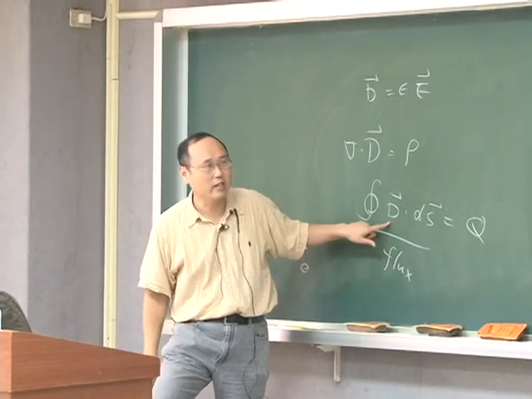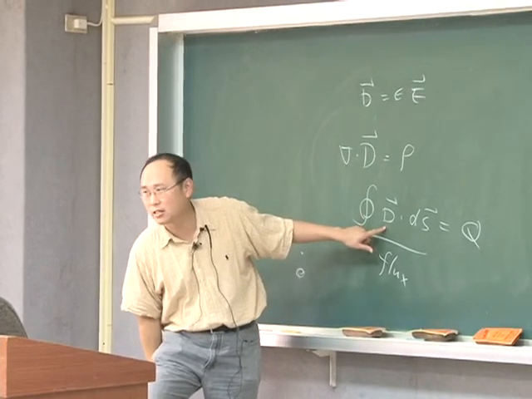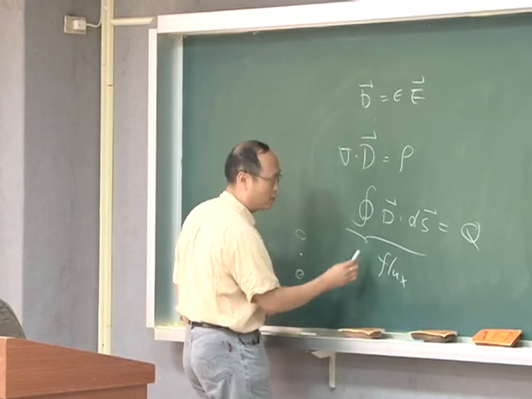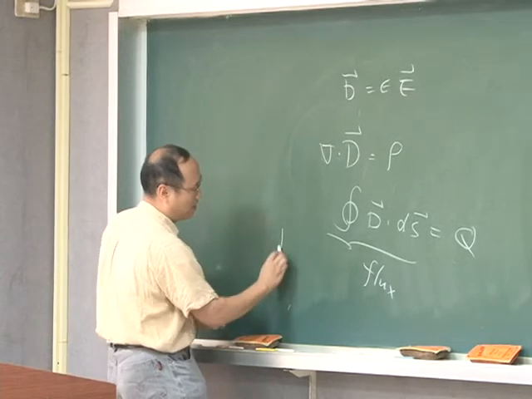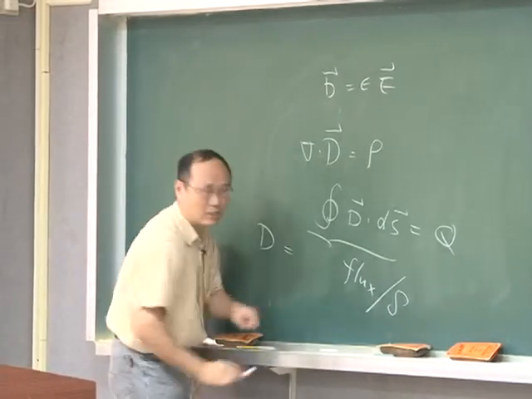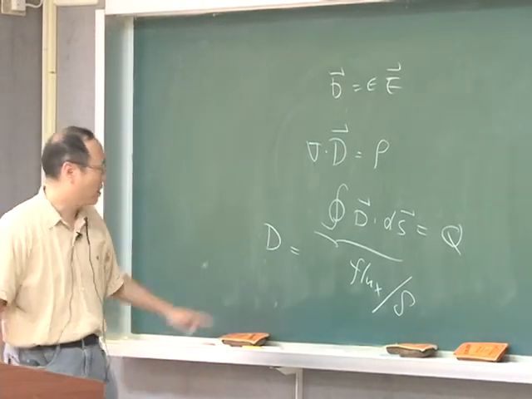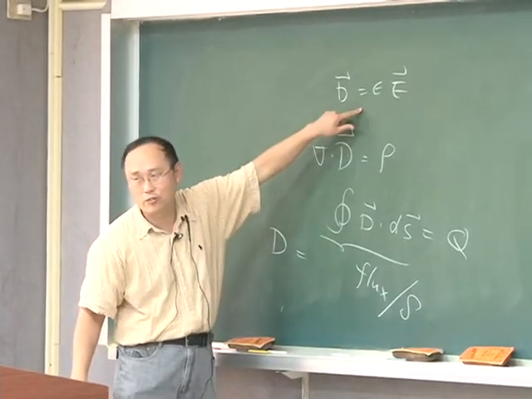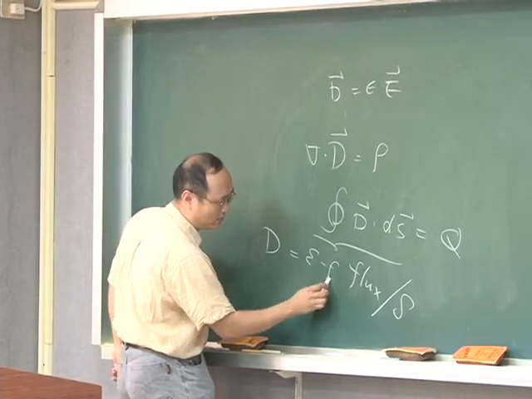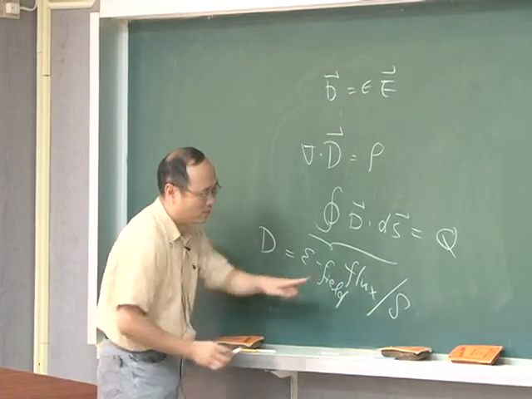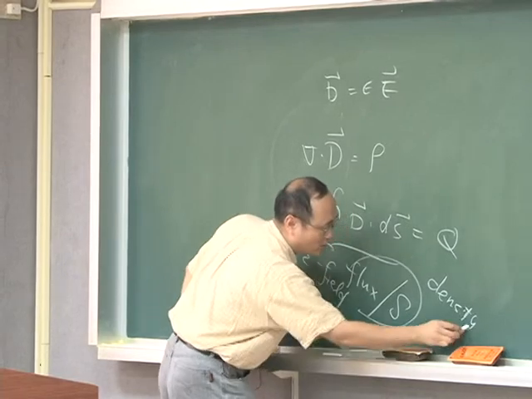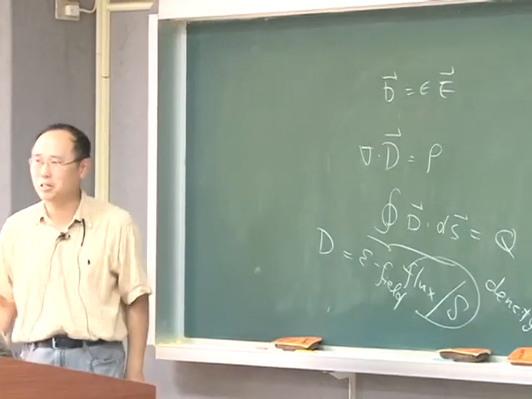So we call D the electric flux density, because this is a flux. D basically is a flux divided by surface, and this is associated with the concept of electric field. So we call this the electric field flux, and this is a density. So we have electric flux density called D.